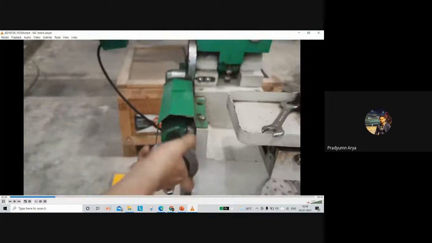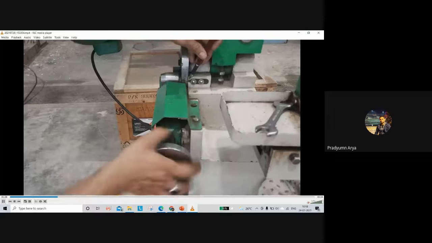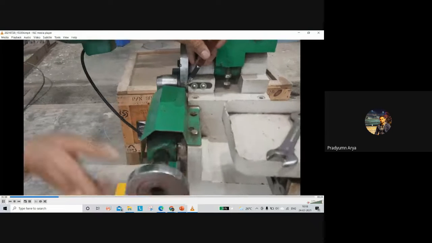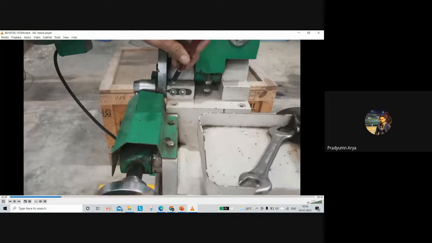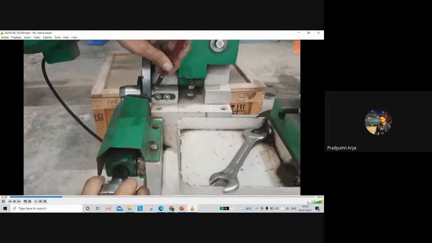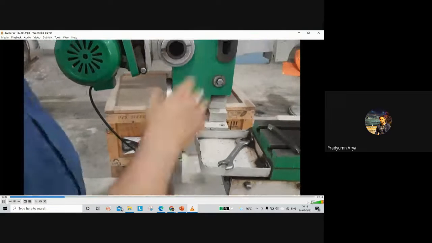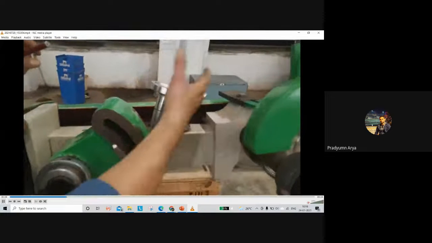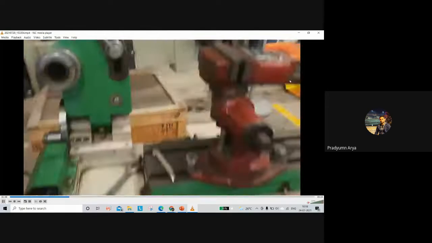You can set any angle with the help of this angle hand wheel. And this is the side hand wheel, which generally regulates the wheel compartment in the up and down direction.